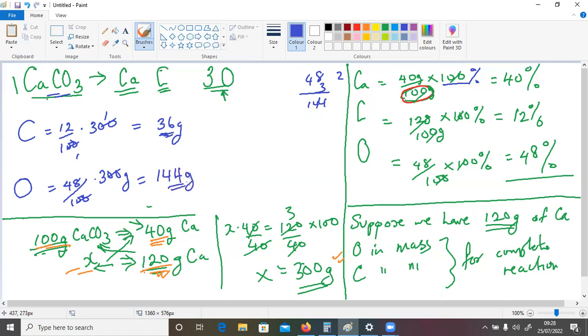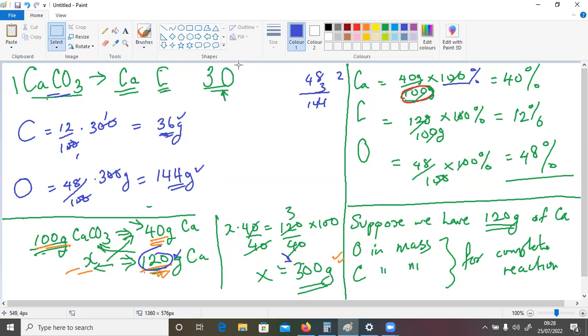So 144 grams of oxygen will be there. As we said before, the three of them must add up to the 300. Otherwise, you know that there is some mistake or problem with your calculation. All right, so that's one way you can handle that.